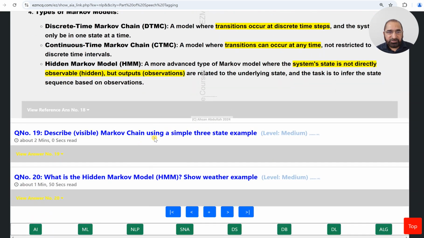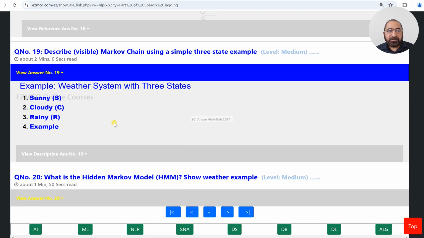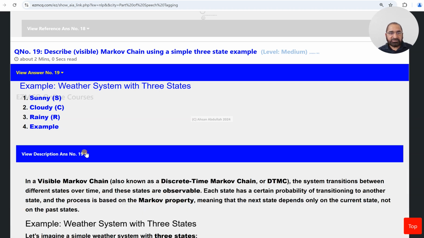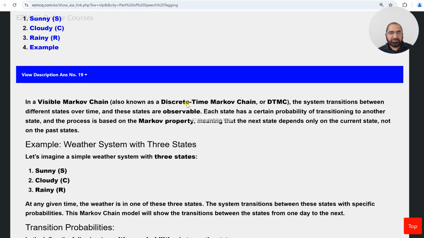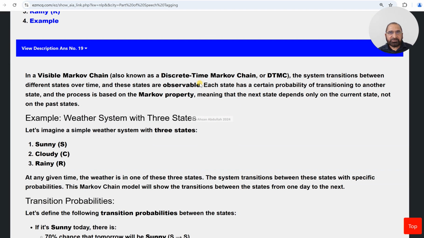So let's look at an example of a Markov chain, a visible Markov chain, not the hidden one. We have these three states: sunny, cloudy and rainy. We have already discussed what a Markov chain is, and we are looking at discrete time events.